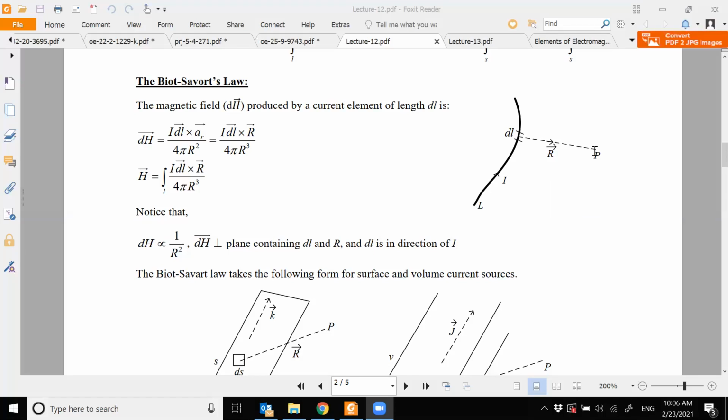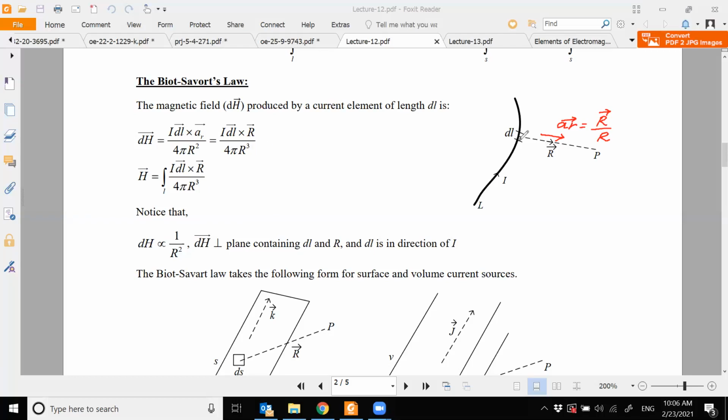Very similar to the Coulomb's law. So this unit vector AR, we can replace with R bar, which is the distance vector, over its magnitude. And if I substitute here, I will get I dl cross R over 4 pi R cube.